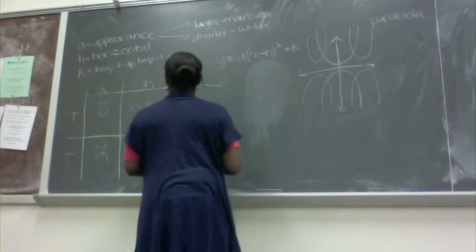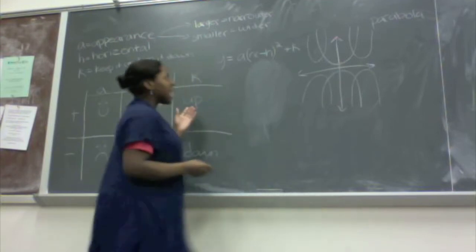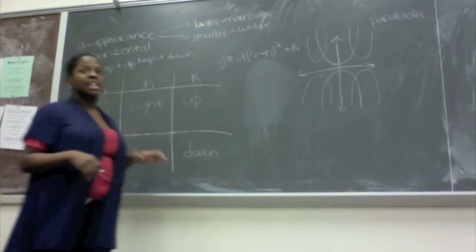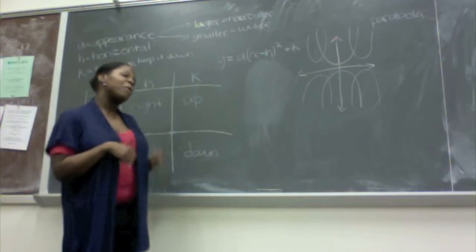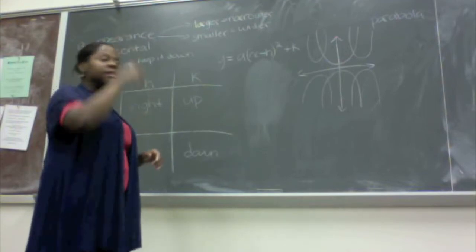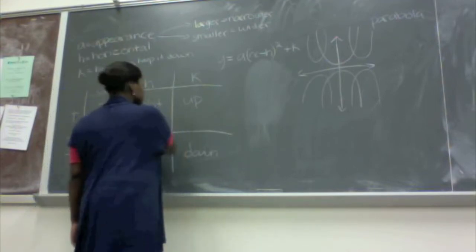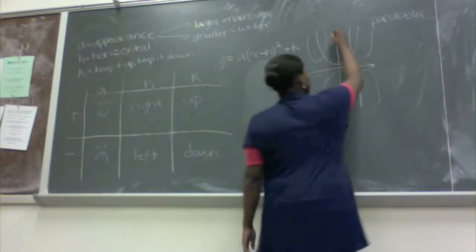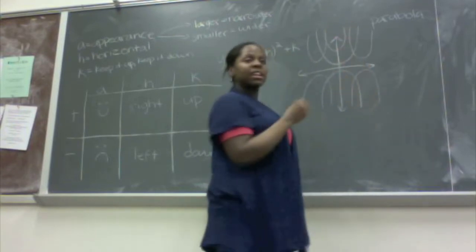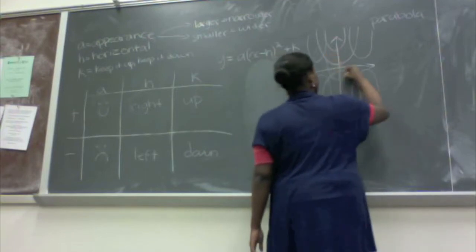Okay. And the next part, the last part, is k, which as you see is right there. So k stands for keep it up or keep it down, meaning that it moves the parabola up and down. So if k is positive, the parabola would move this way. If k is negative, it would move down this way.